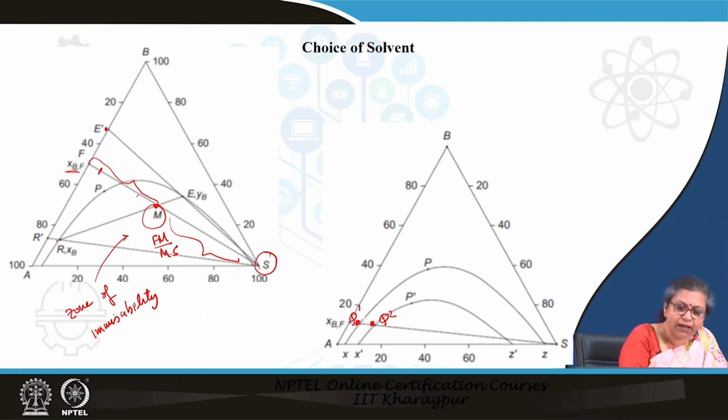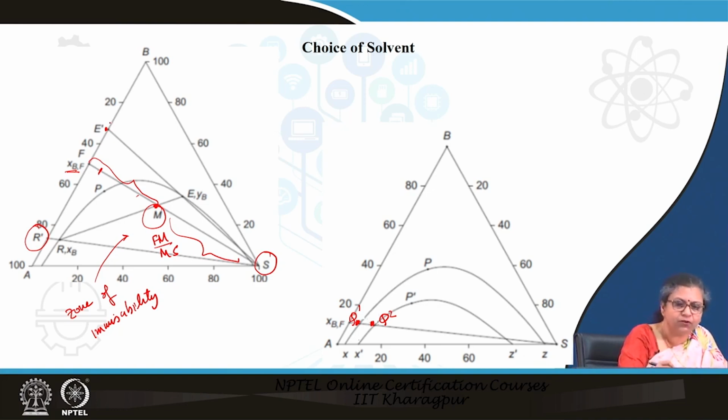From the raffinate also we remove the entire amount of solvent, and then the raffinate point lies at R prime. It is quite evident now that the further away R prime is from E prime, the better is the solvent. So, we would always like to opt for a solvent which has a greater difference between R prime and E prime. So, what do we do for that?